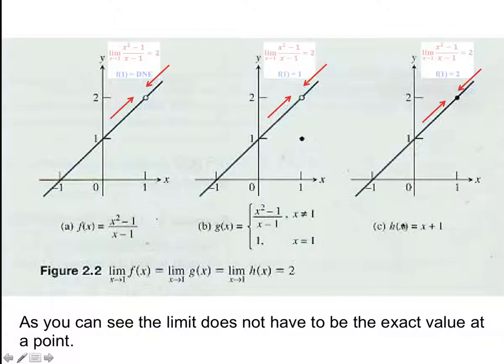So if we take a look at the algebraic, this is kind of the graphical representation up here. If we take a look at the algebraic explanation of both, here's the function, and we know we have a hole at 1 because that's where the denominator is 0. Here's the function, but we've made it into a piecewise, and we've redefined the y value when x equals 1. And here's this function. Notice it looks the same.